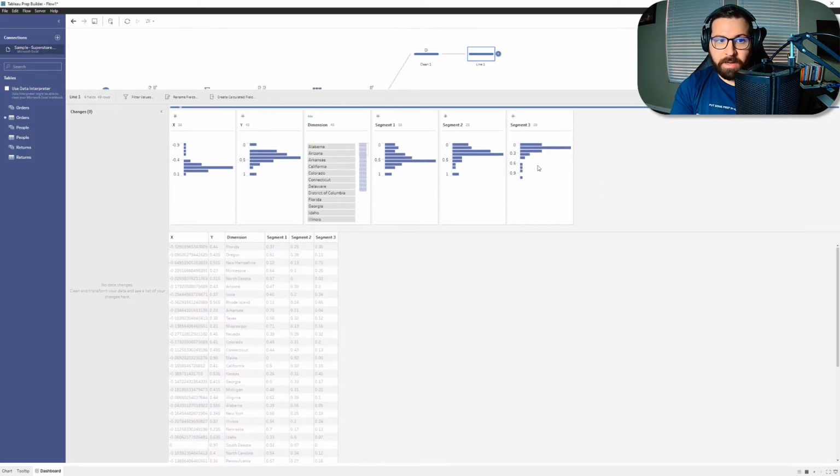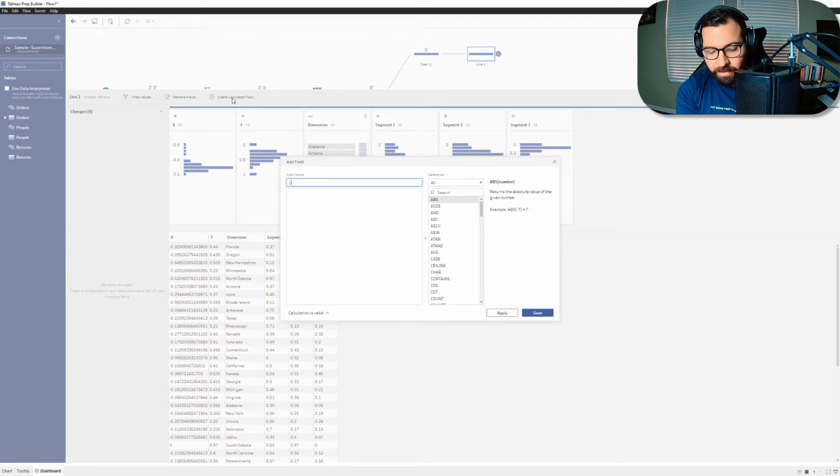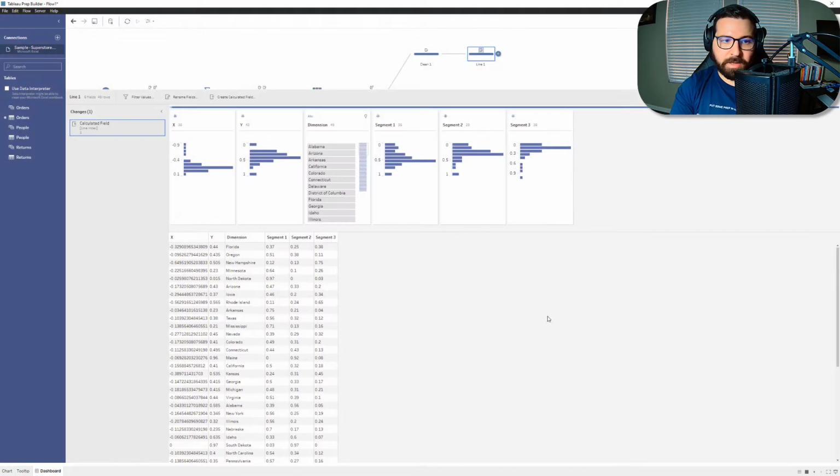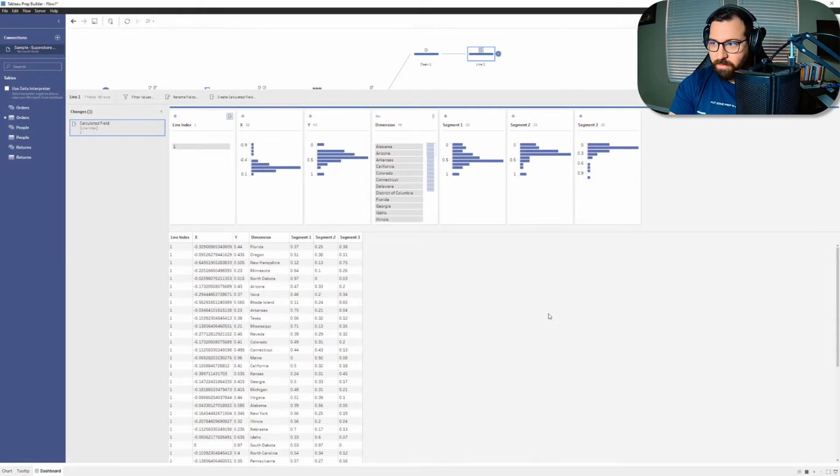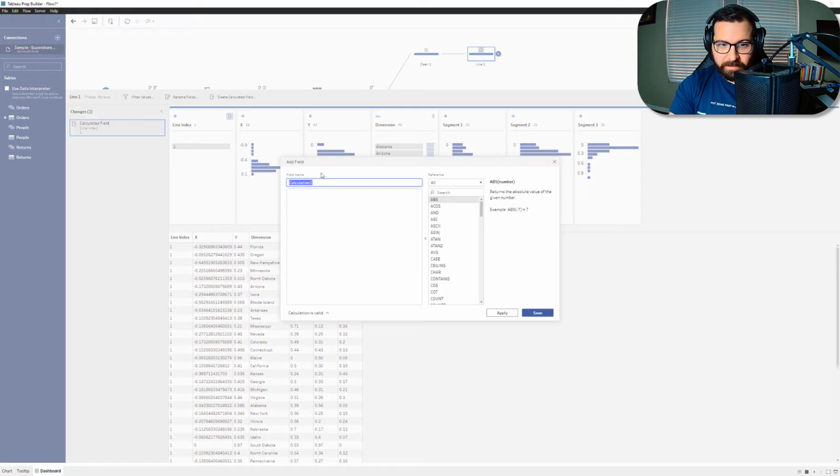And I'm going to create a calculated field. I'm going to call this line index because that's what it's called in our template workbook. And this is going to be 1. And then I'm going to create the fields for my sides. So A segment 1, sorry, segment 1.